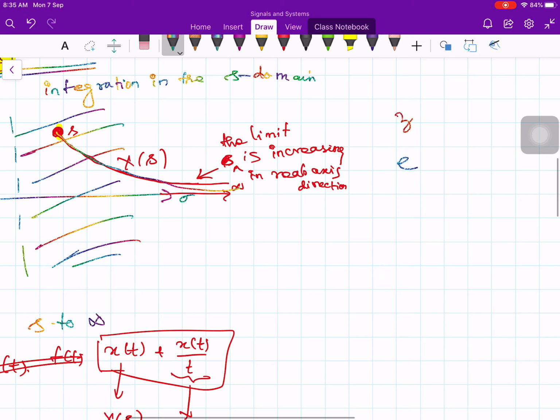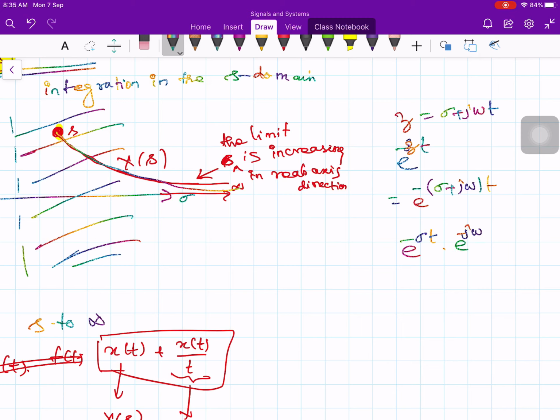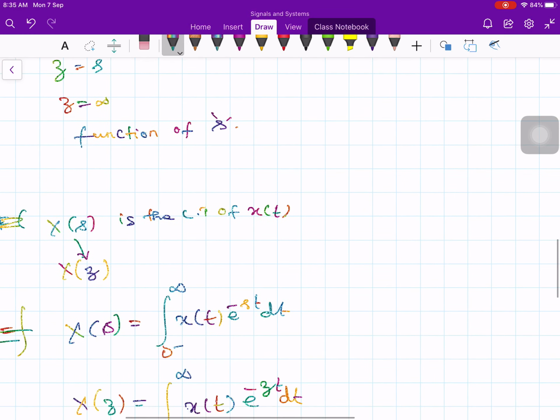So e to the minus zt becomes e to the minus of sigma plus j omega times t, that is, e to the minus sigma t times e to the minus j omega t. If you put infinity here, e to the minus sigma times infinity becomes 0, because you are moving in the real axis direction. Therefore the upper limit gives 0.